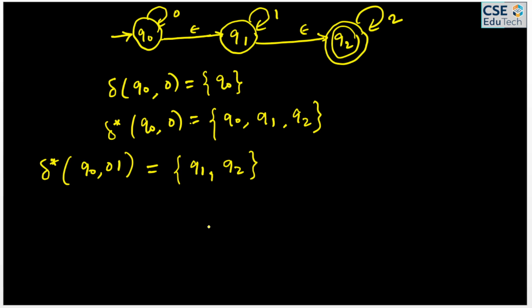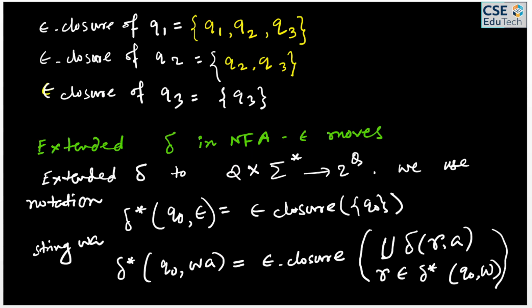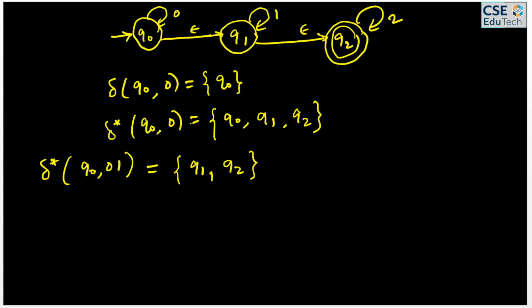Now using this formal notation, how do we get this Q naught, Q1, Q2? Formally we can do it by using delta star. Suppose delta star of Q naught and 0, 1.